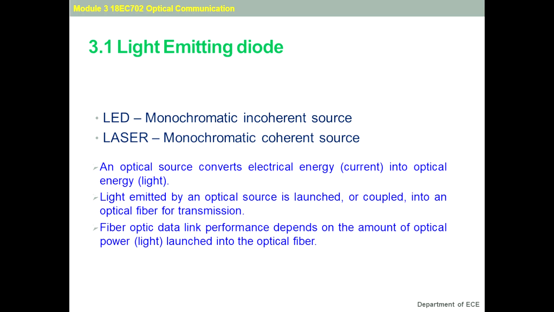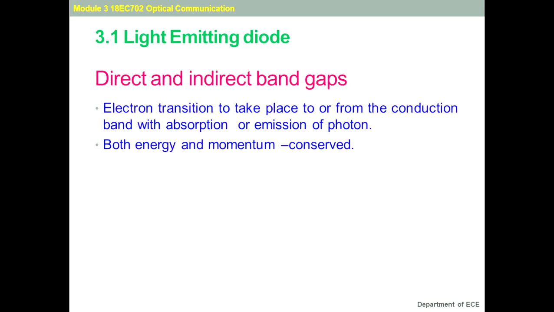The light emitted by the optical source, whether LED or ILD, is launched or coupled into the fiber for further transmission. The fiber optic data link performance depends on the amount of optical power launched into the optical fiber.